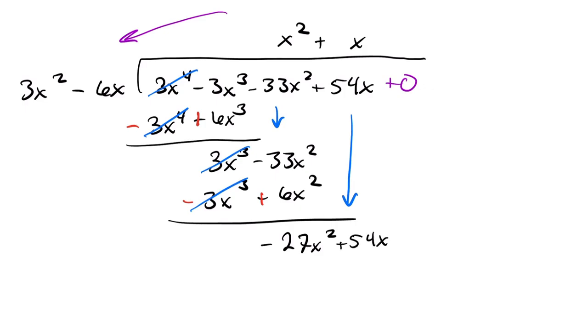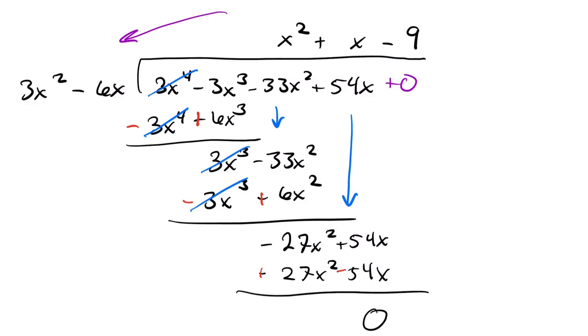Okay, then we're saying the first divided by the first again. So the negative 27x squared divided by 3x squared. 27 divided by 3 is negative 9. On the diagonal, we multiply. Negative 27x squared, and 54x. We distribute our negative.